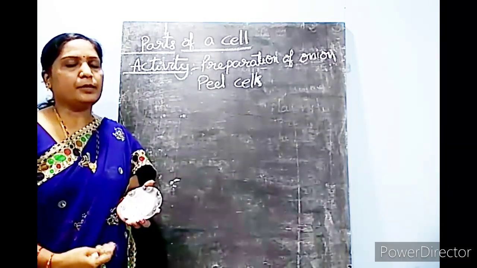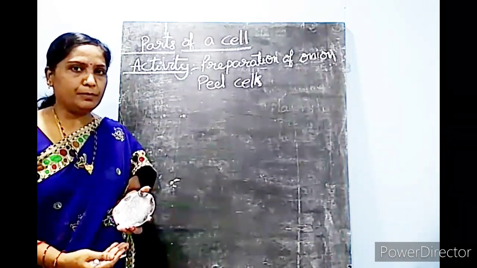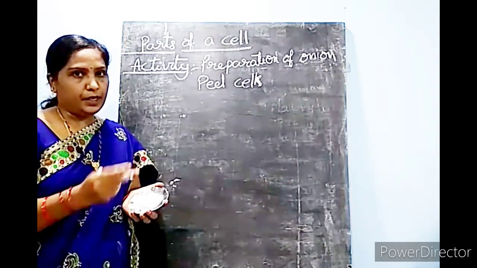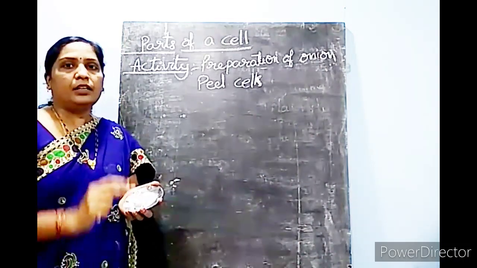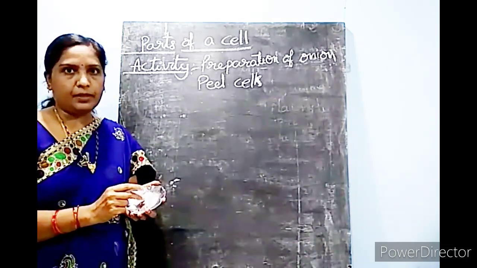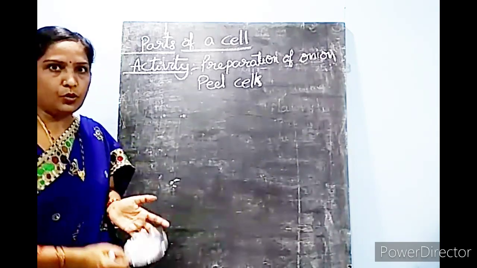You can see this experiment live in virtual labs. Above this onion peel, you keep a cover slip. To avoid air bubbles, just tap on the cover slip and observe under the microscope.